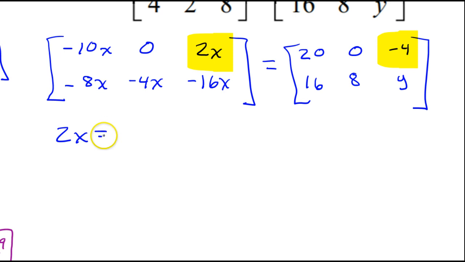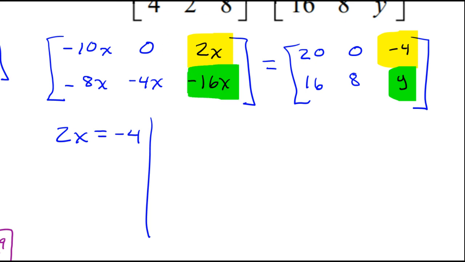Okay, so 2x should equal negative 4. Okay, and similarly, let me change colors. y should equal negative 16x. Okay, so y should equal negative 16x.